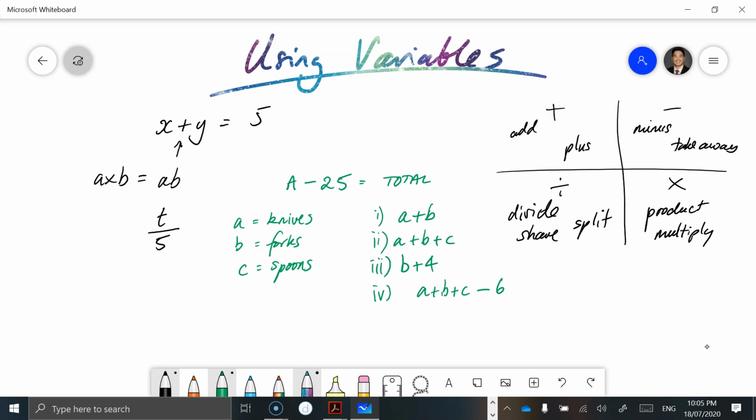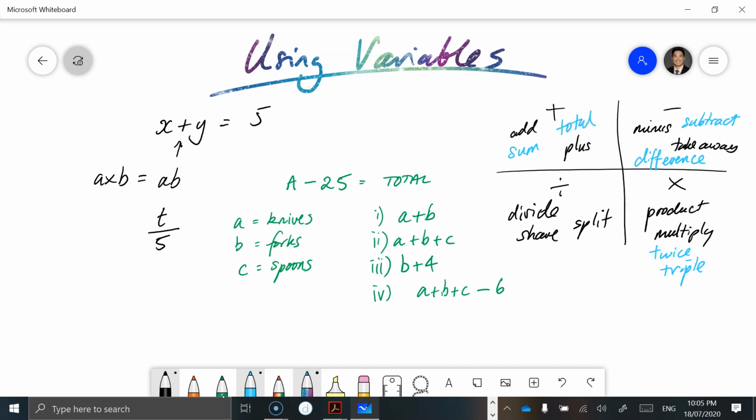With expressions, the sum would be add, subtract would be take away. If we were talking about twice of something or triple, then we want to multiply. Difference could be take away.